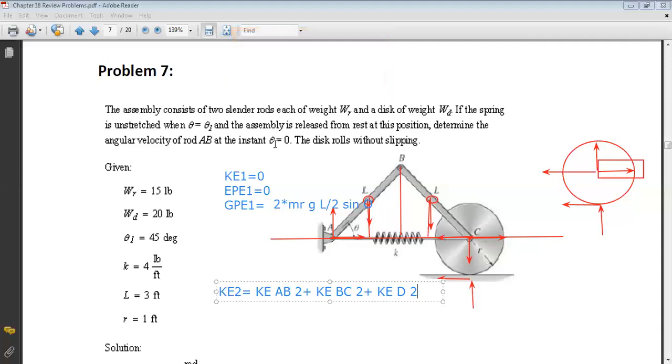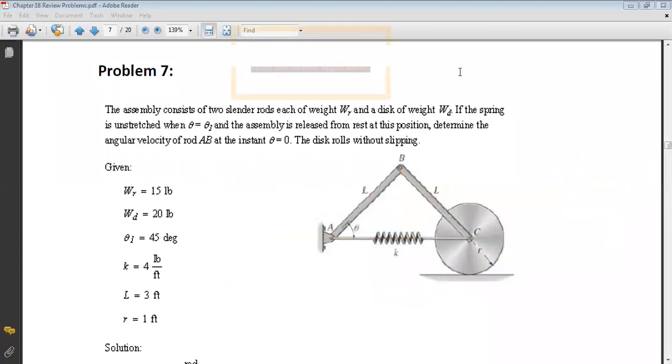They said that at the final state, theta is 0. This means that the two rods will become horizontal and collinear. So I will have this: this is the first rod, and we have the second rod close to it. And at the extremity, I have my disk.